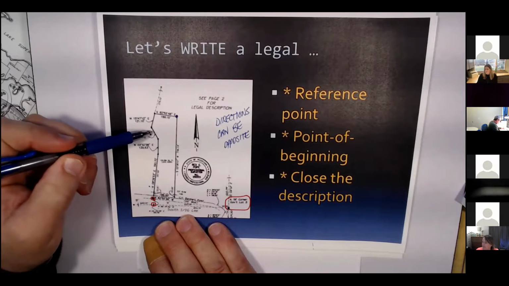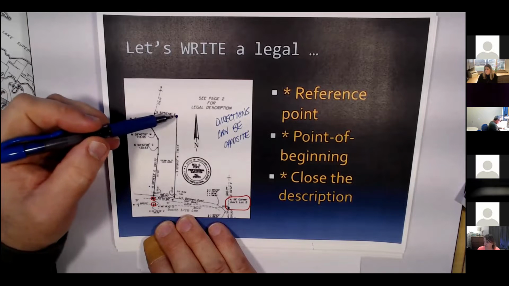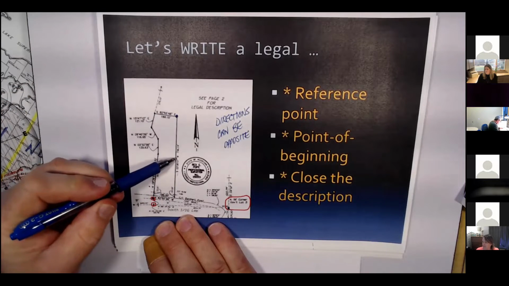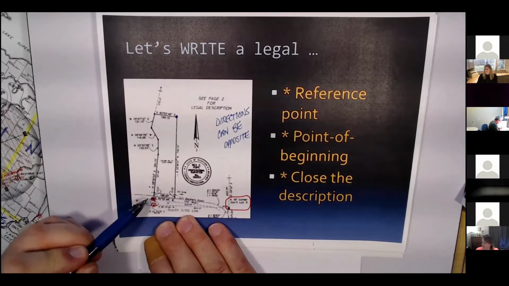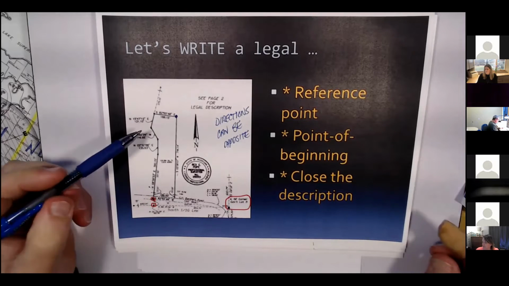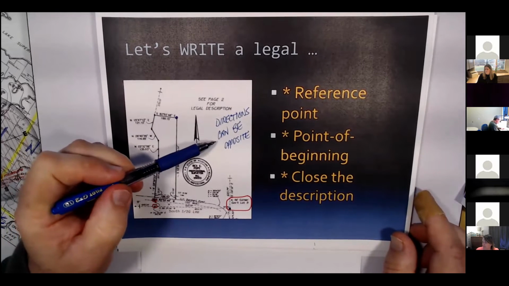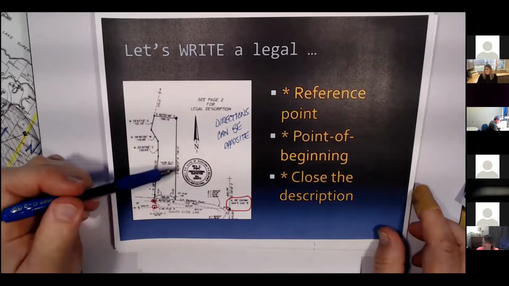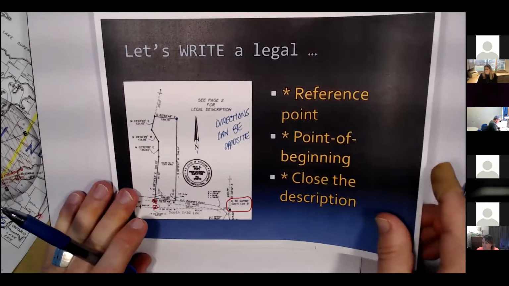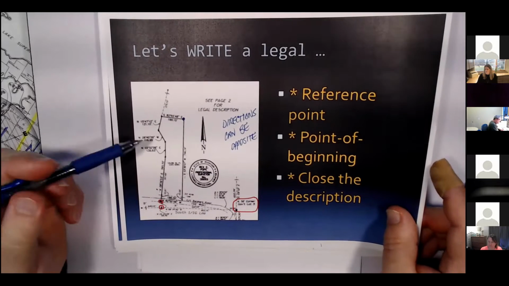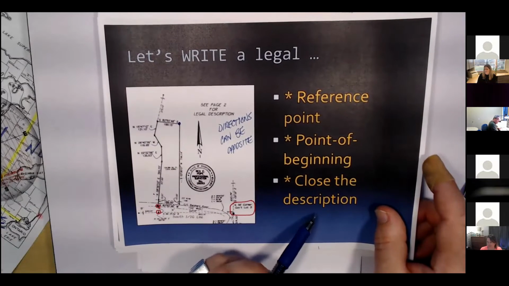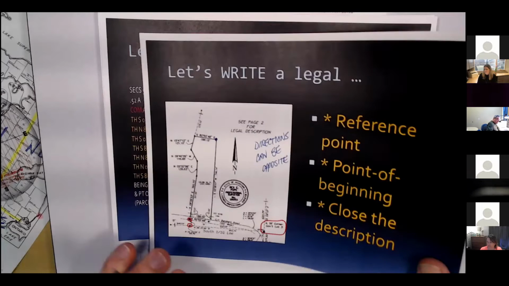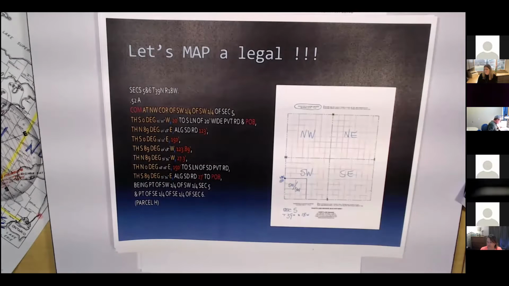He's going north, north, northwest, northeast, southeast, southwest, and then to the northwest to get back to his point of beginning. So that's why the directions can appear to be opposite. It's just the travel of the description itself in order to close the description and again reach the end of that description.